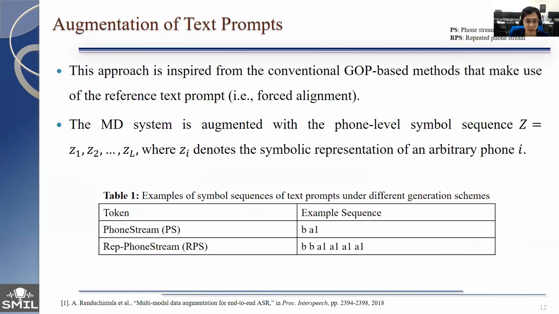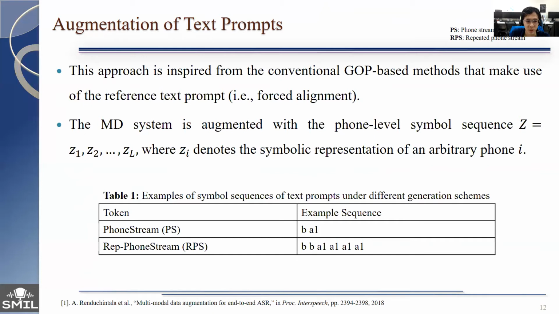Okay, let's discuss text prompt augmentation in more detail. The MD system is augmented with the phone label symbol sequence Z. They correspond to the reference text prompt of the training utterance, where Z_i denotes the symbolic representation of the arbitrary phone i.